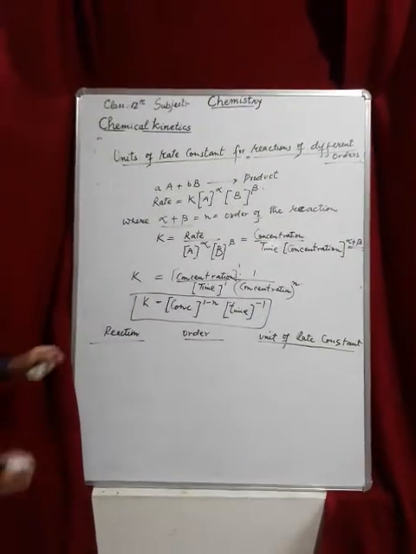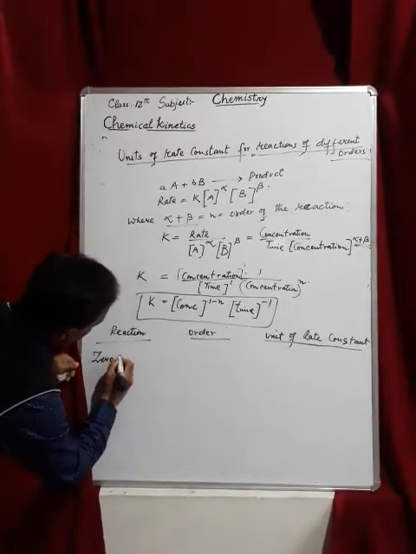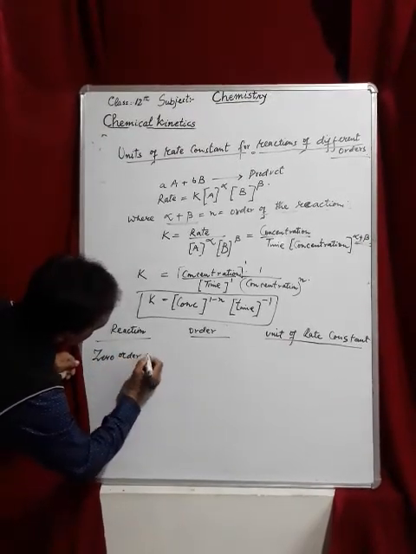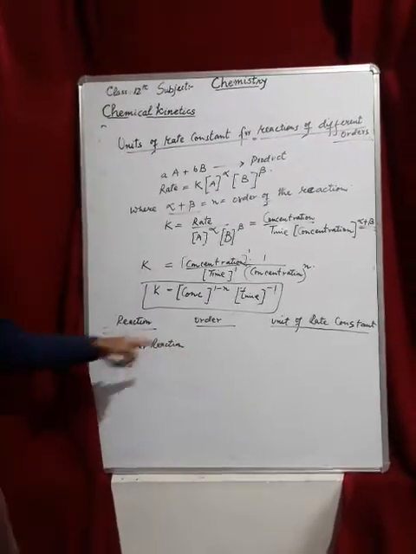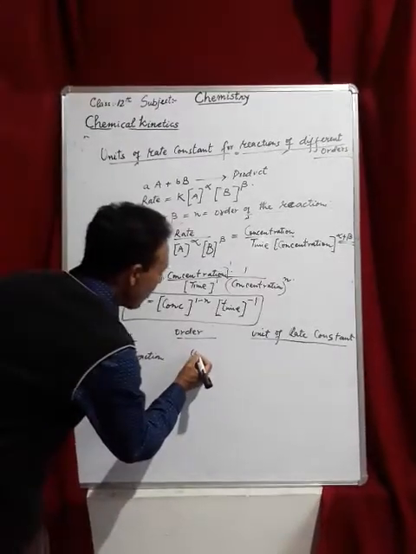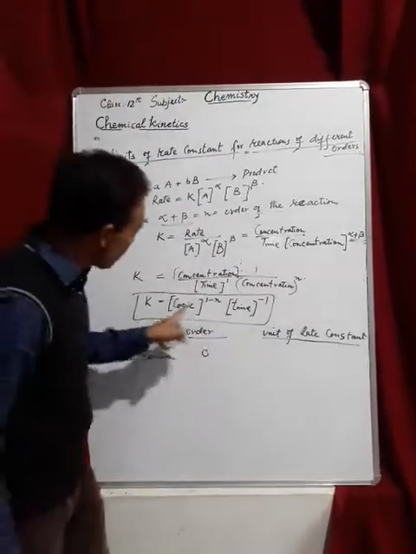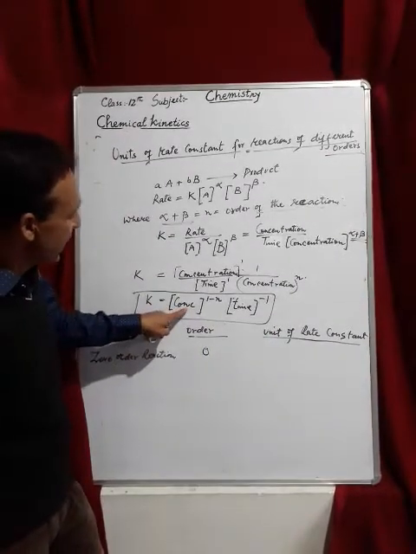First we will take zero order reaction. In the zero order reaction, what is the order? What is the value of alpha plus beta? That is 0. And from this we will derive the unit for the rate constant of the zero order reaction.